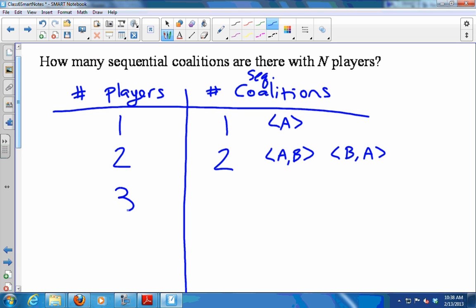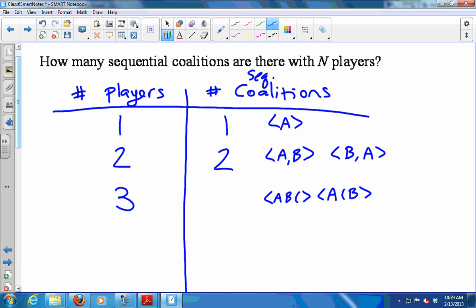All right, so for 3 players, we'll try to list them. We'll have A, B, C. What else? A, C, B. Okay, so this is good. So all the coalitions that start with A, right?